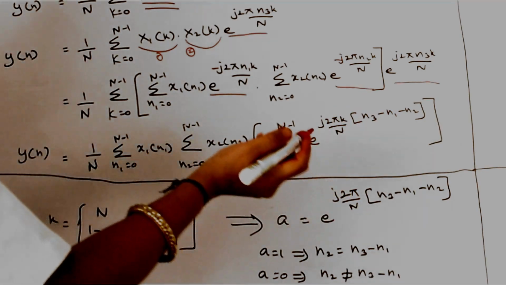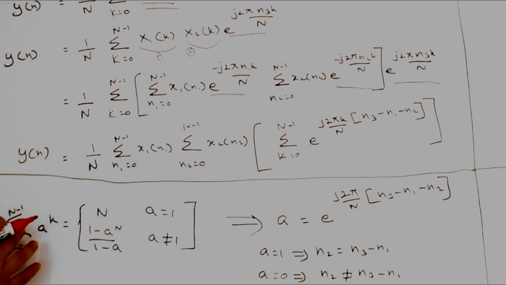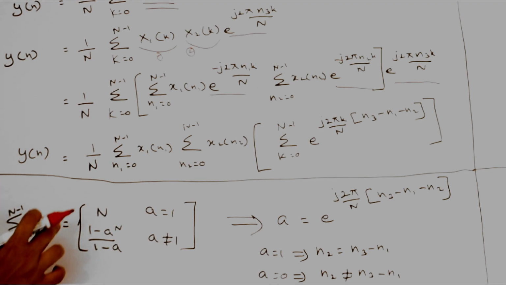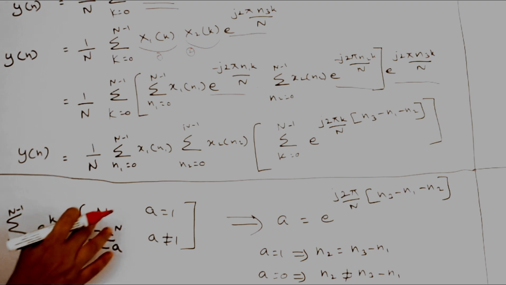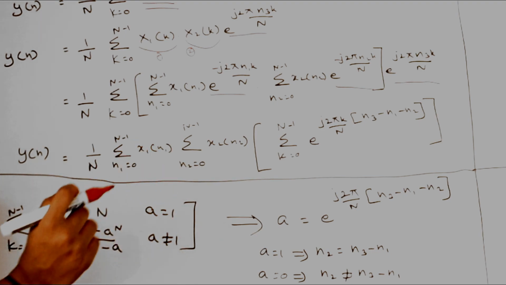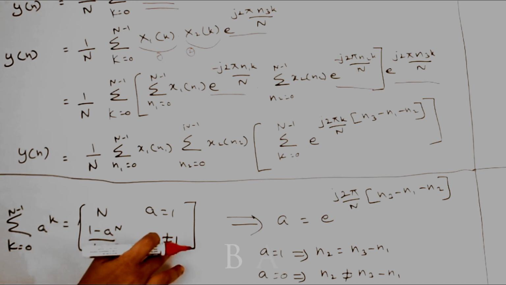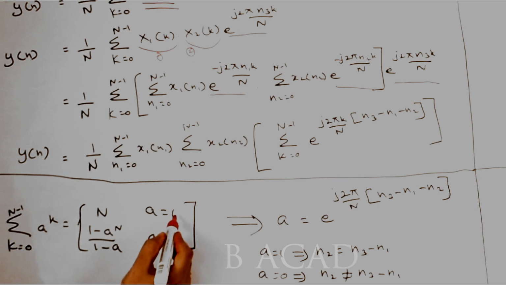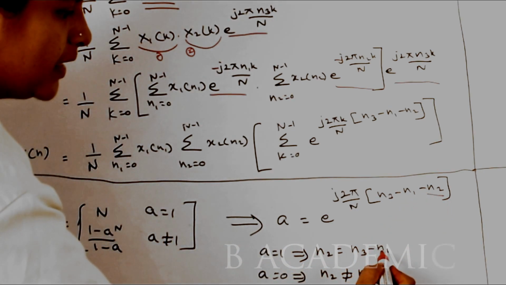In the next step, this is in the form of summation k equal to 0 to N minus 1 of a power k. This is an already familiar formula. This is equal to N when a is equal to 1, and 1 minus a power N divided by 1 minus a when a is not equal to 1. So a will be 1 when you substitute n2 as n3 minus n1.